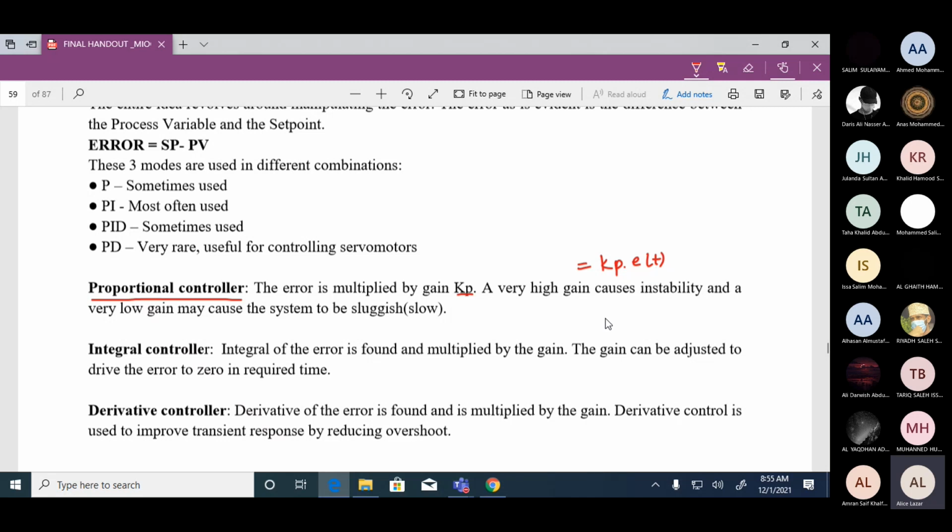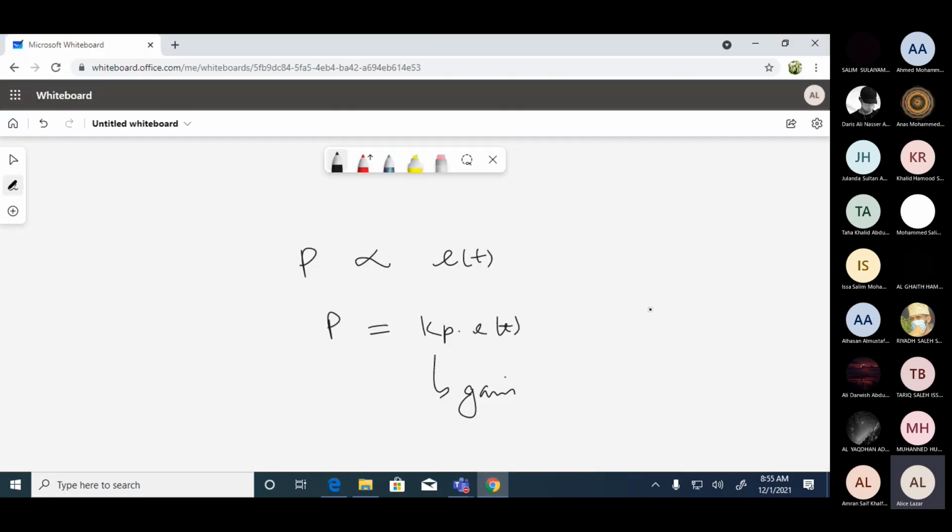So every time there is error, what you will notice, now let's say if the error is equal to 0, what will be the output of this controller? If the error is 0, what will be the output of the controller? 100. 100.